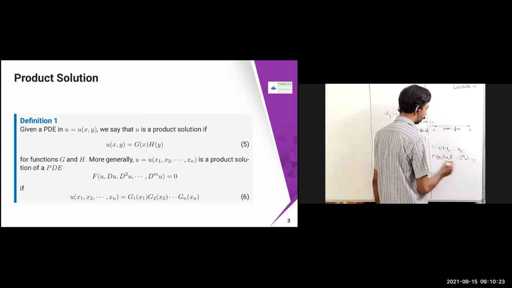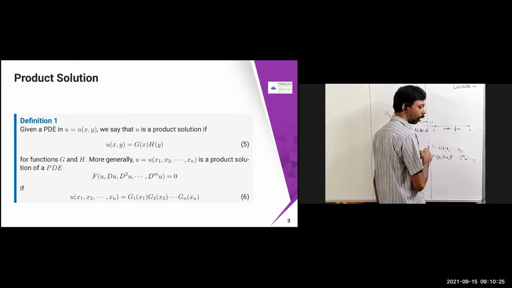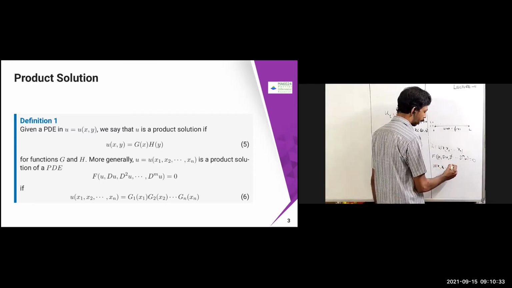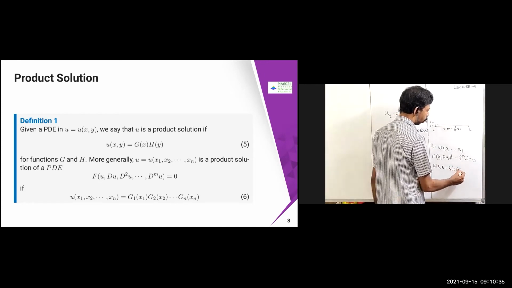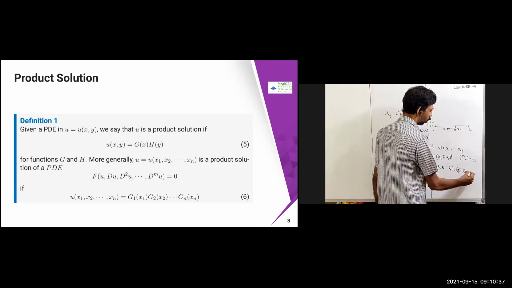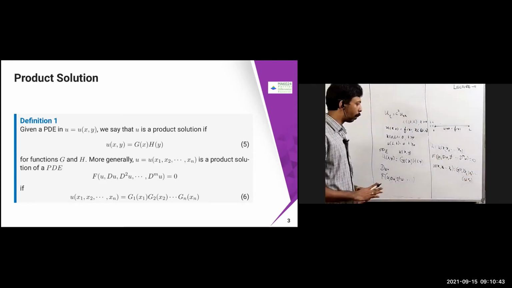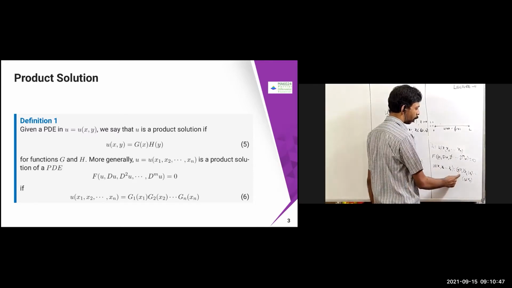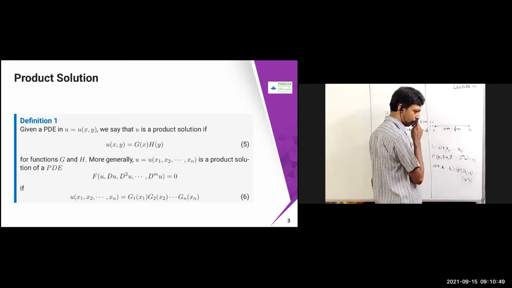Suppose u of x1, x2, xn can be written as g1 of x1 into g2 of x2, etc., gn of xn, a product of n functions.